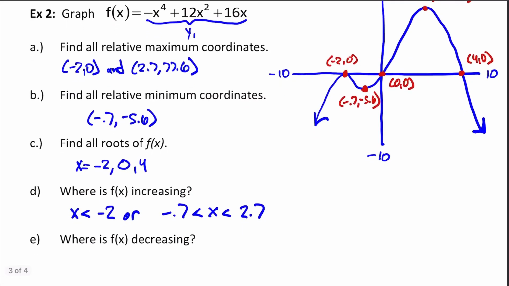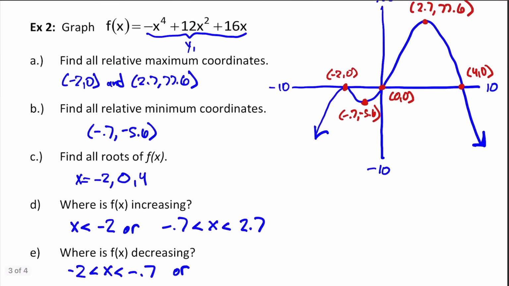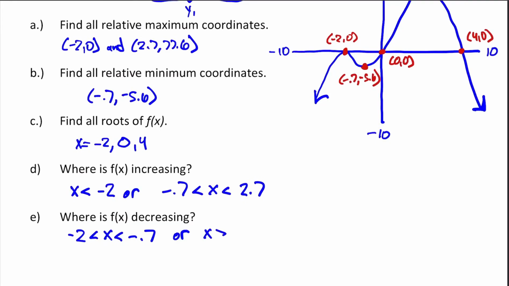Where is f of x decreasing? Going down. So it's decreasing here, that interval, and it's decreasing here. How do I write those in set notation? That first one is going to be negative 2 is less than x is less than negative 0.7, or when x is greater than 2.7.